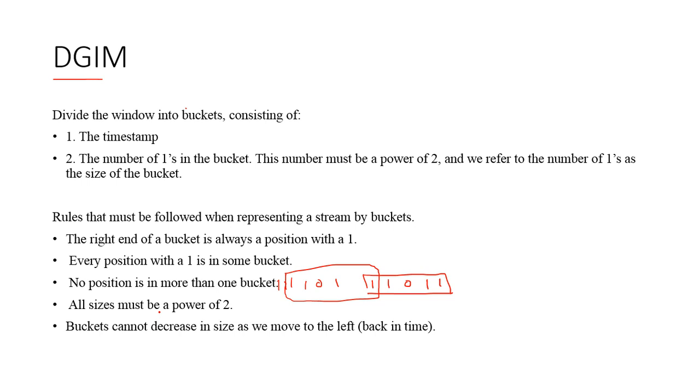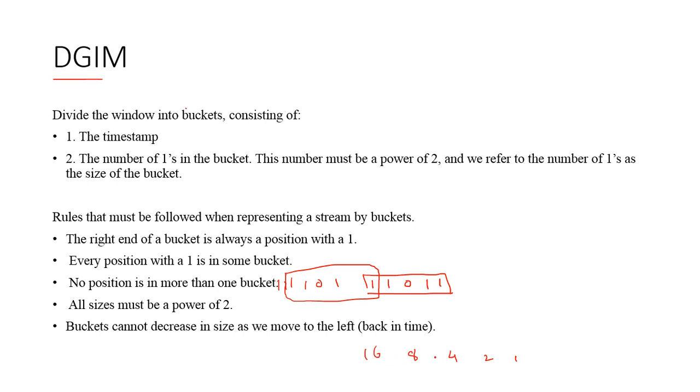And all sizes must be a power of 2. Bucket sizes cannot decrease as we move towards the left hand side. That means your bucket size is always in increasing order from right to left, like 1, 2, 4, 8, 16. Even equal size buckets are possible.